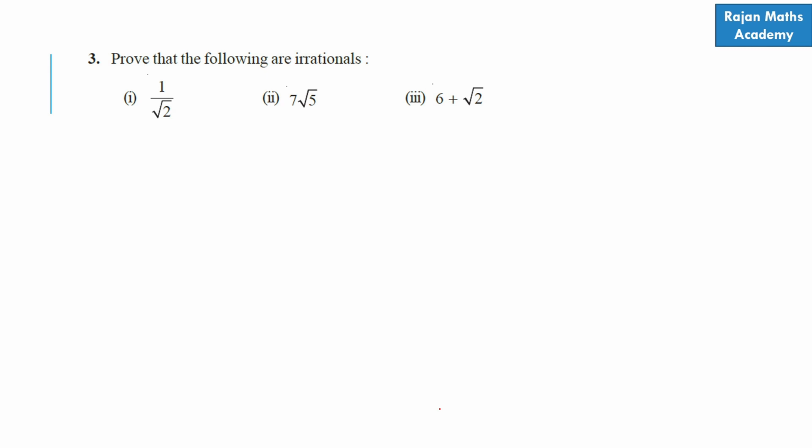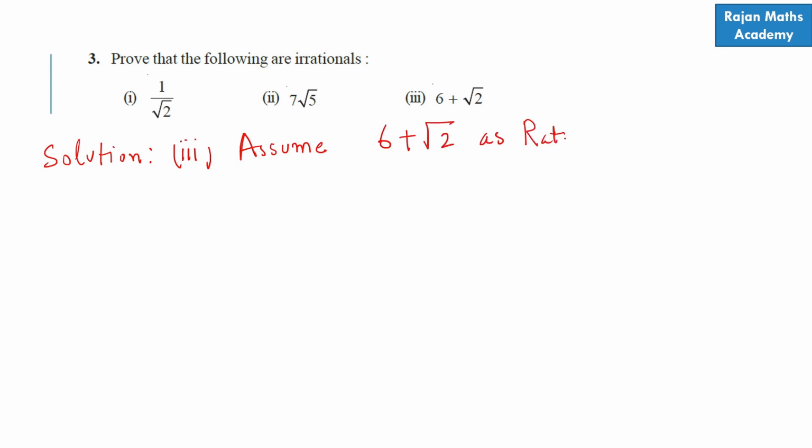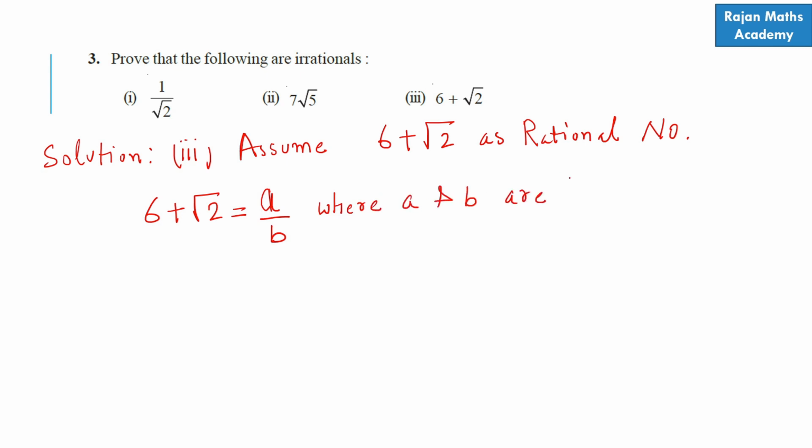Next problem, third part, solution. Assume 6 plus root 2 as a rational number. So we can express 6 plus root 2 in the ratio of a by b, where a and b are co-prime.